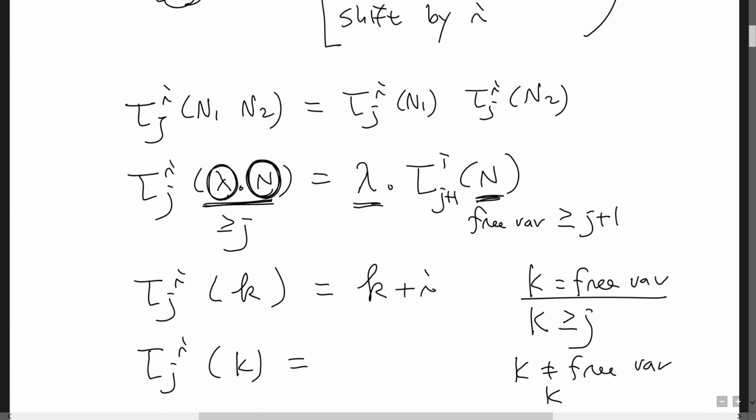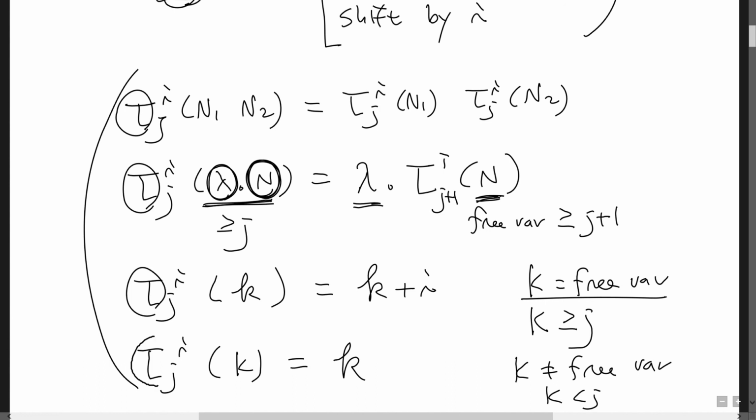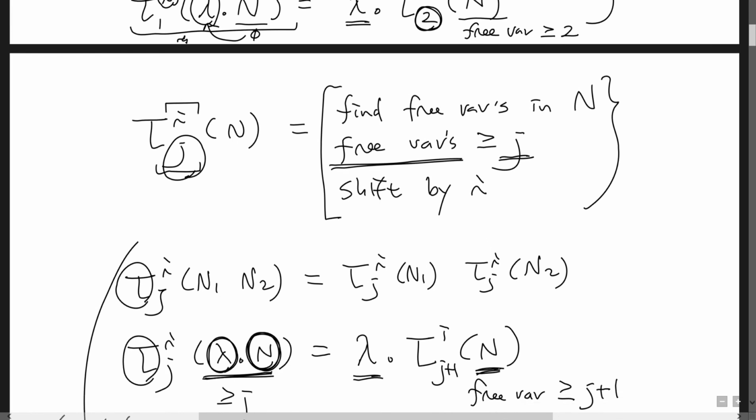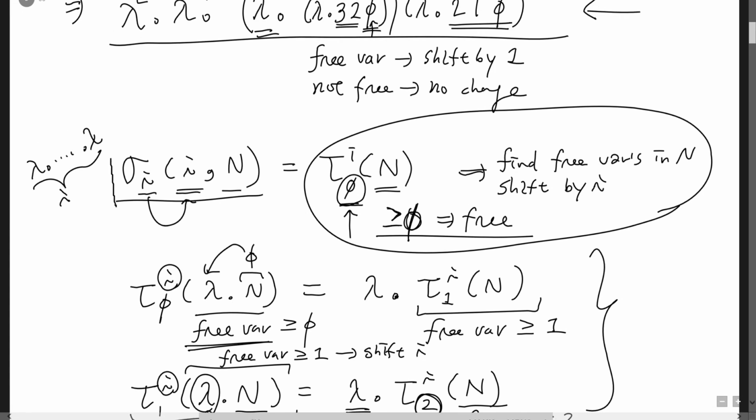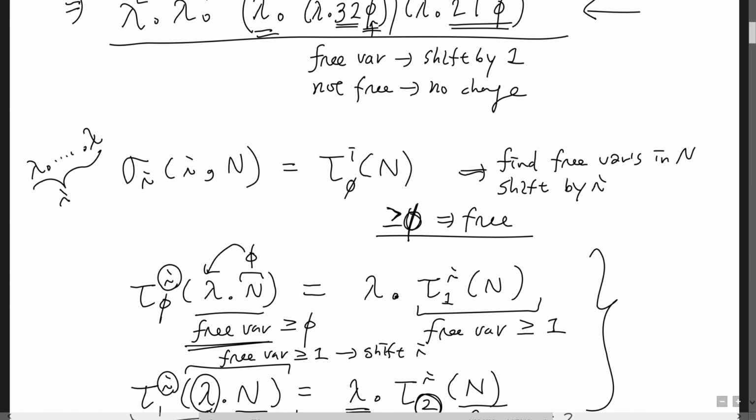That is, k is less than j. In that case, it's a bound variable, so you don't make any change, so it's going to be k. This concludes the definition of the shifting function tau. So we have 4 cases, and with this shifting function, we go back to the substitution function. Now the substitution function is correctly defined using the shifting function.